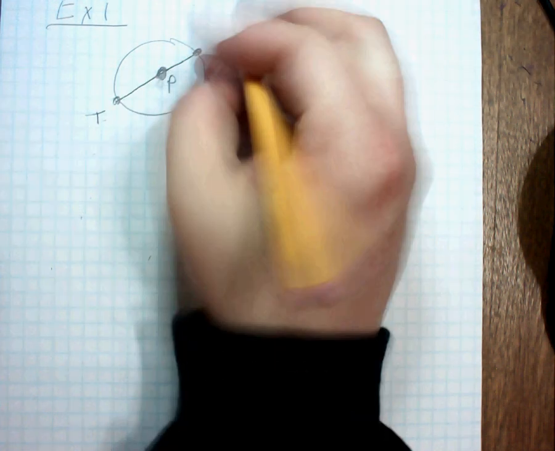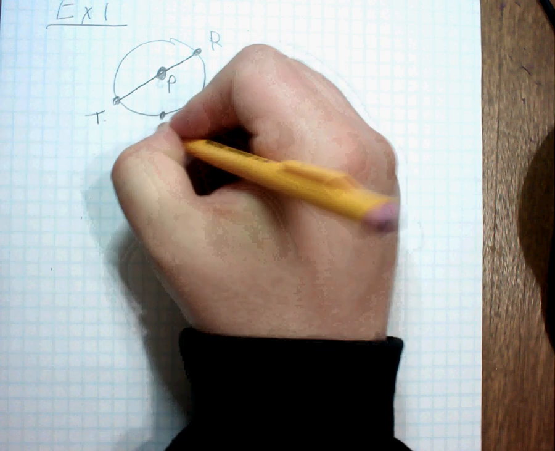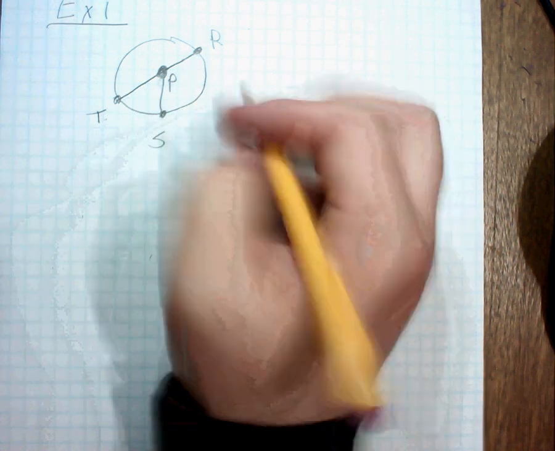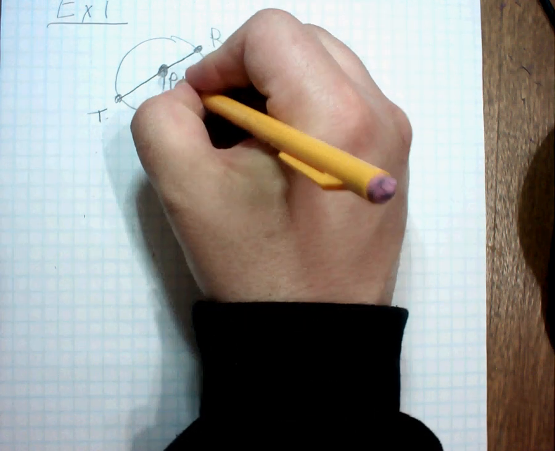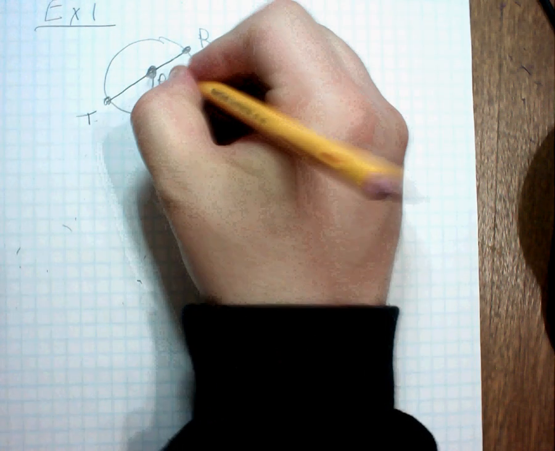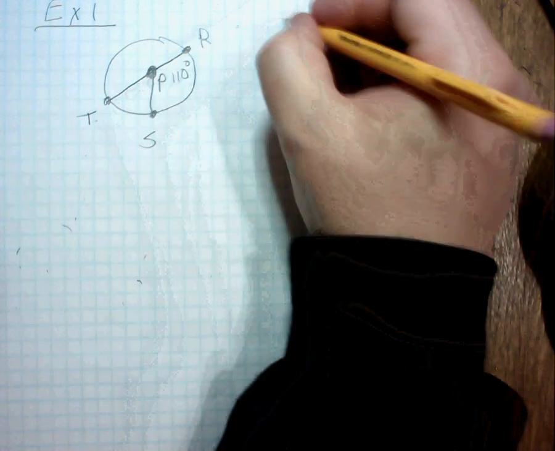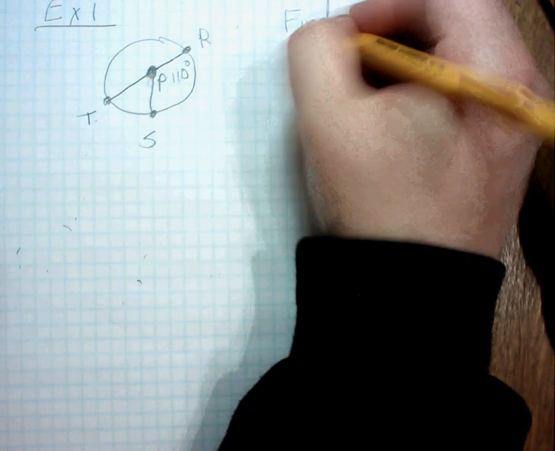And they're always going to give you another point on the circle because that's how you determine what the minor and major arcs are. And so this angle right here, they tell us, is 110 degrees. And they want us to find the following.